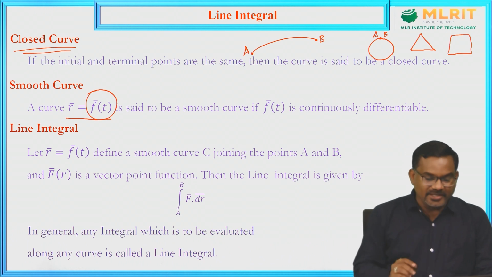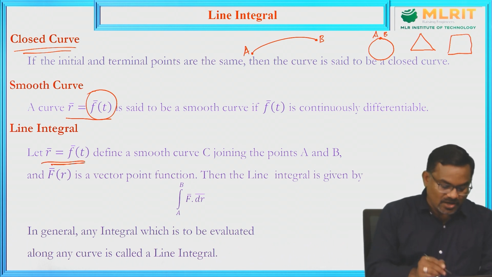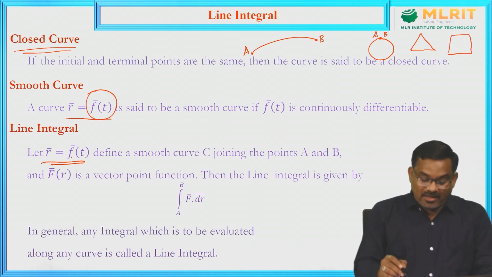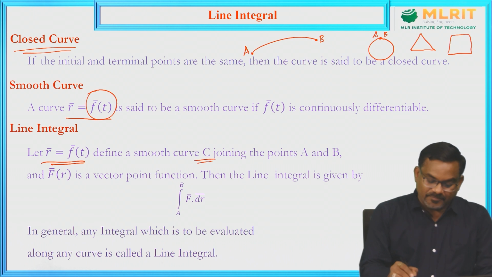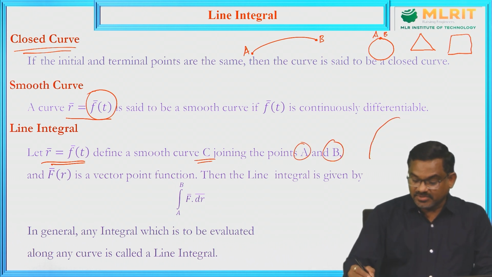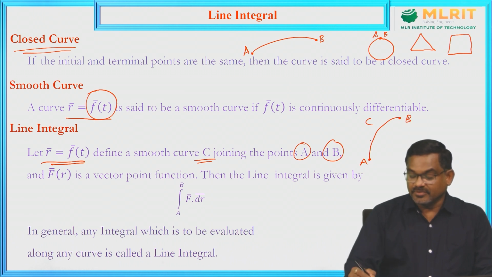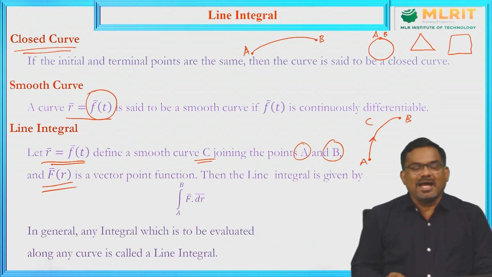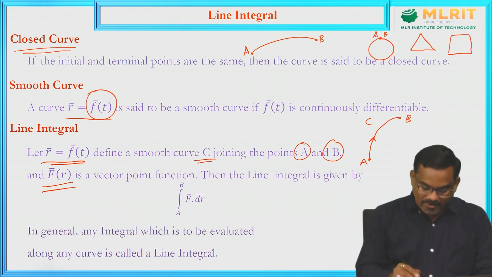And line integral. Let us consider a smooth curve r bar equal to f bar of t, along the curve C joining the points A and B. For example, this is the curve C and from A to B, in this direction. Also let capital F bar of r bar be a vector point function. Then the line integral is denoted by integral A to B of f bar dot dr bar.